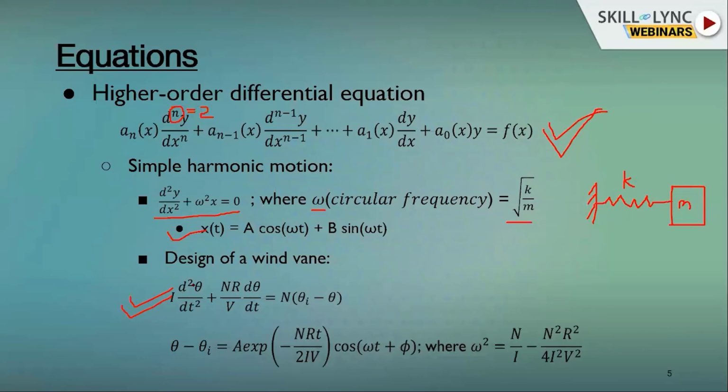I d square theta upon dt square plus n r by v d theta upon dt equals n theta I minus theta. I is the moment of inertia of that blade, theta is the angle which is going to vary, n is the speed of the turbine, r is the radius, v is the velocity of the wind, and d theta by dt equals n theta I, where theta I is the initial angle.